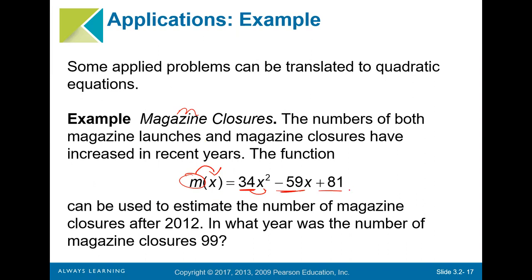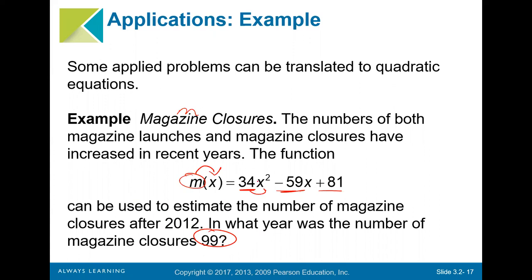Later on in this course, we'll learn how to create our own equation. It can be used to estimate the number of magazine closures after 2012. What year was the number of magazine closures 99? Okay, so the 99 is actually our goal. We want to know what was the closure for that.